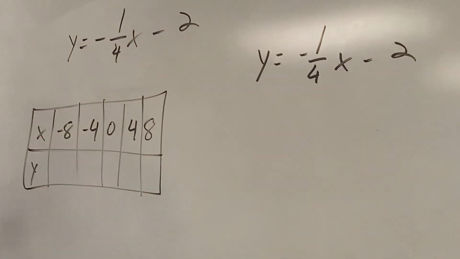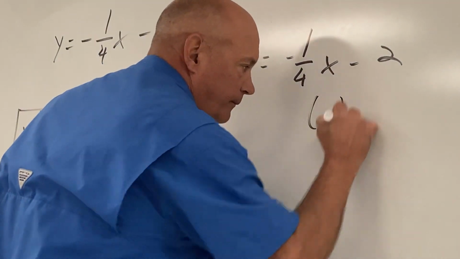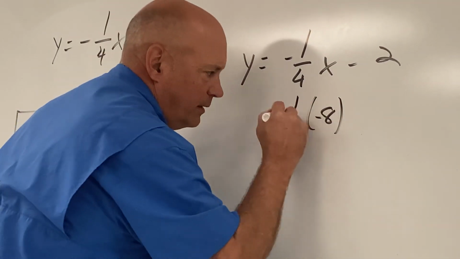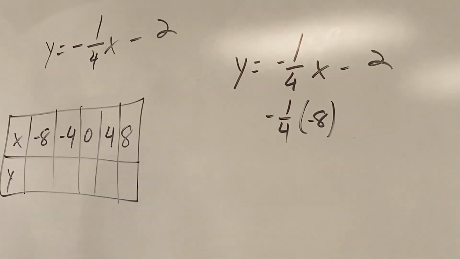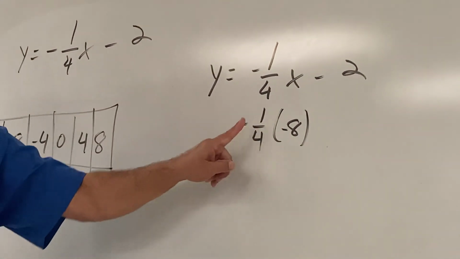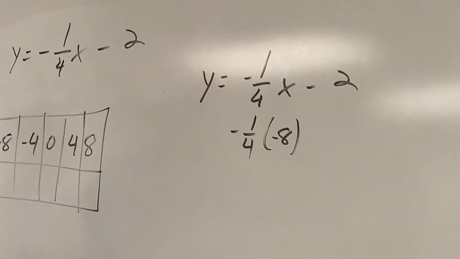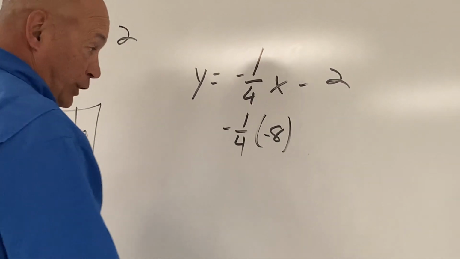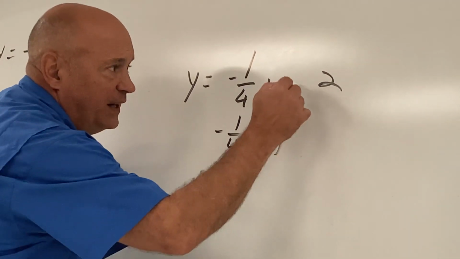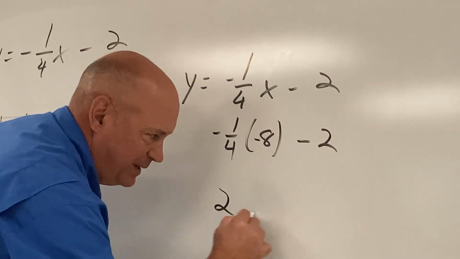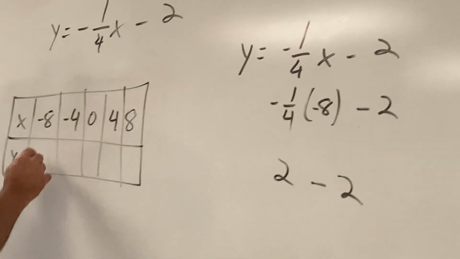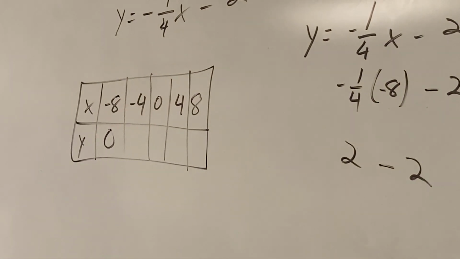All right, what number are we plugging in first? -8. Let's plug in -8 where x is. All right, calculator time. -1/4 times -8 is 2. And then don't forget to minus the 2. What's 2 minus 2? 0. So -8 gets graphed at 0.